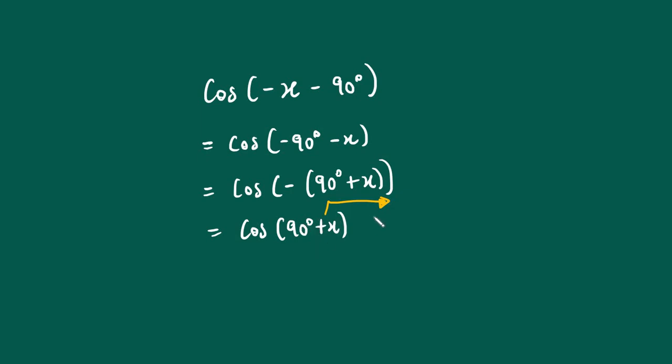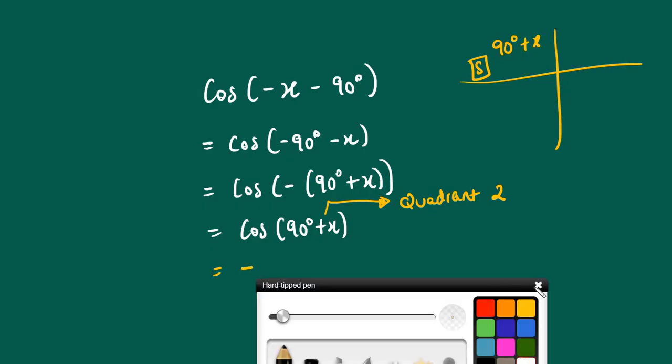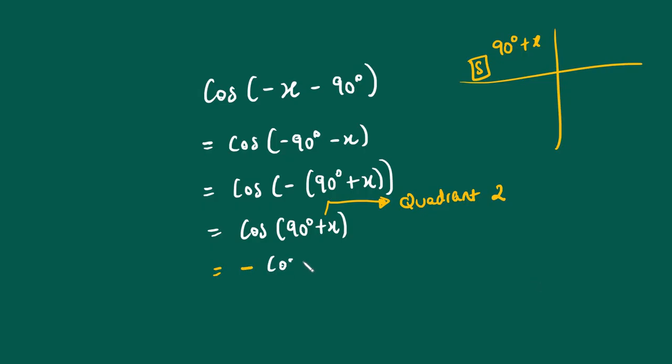Remember that 90 plus is quadrant number 2, which is this one, and in there it's only sine which is positive. So because of that, and you are dealing with cos, the answer should have a negative. However, good people, I cannot write negative cos x.